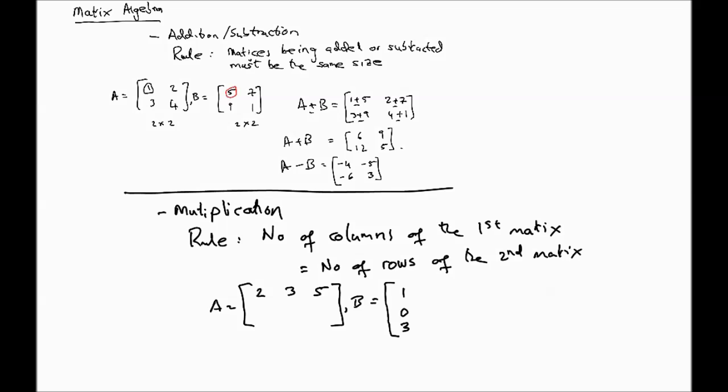So the number of columns of the first one, 1, 2, 3 columns, must equal the number of rows, 1, 2, 3. So these two, the number of columns of the first and the number of rows of the second, they must be equal. That's what this rule says. Okay? Then multiplication is possible. So that's the rule.